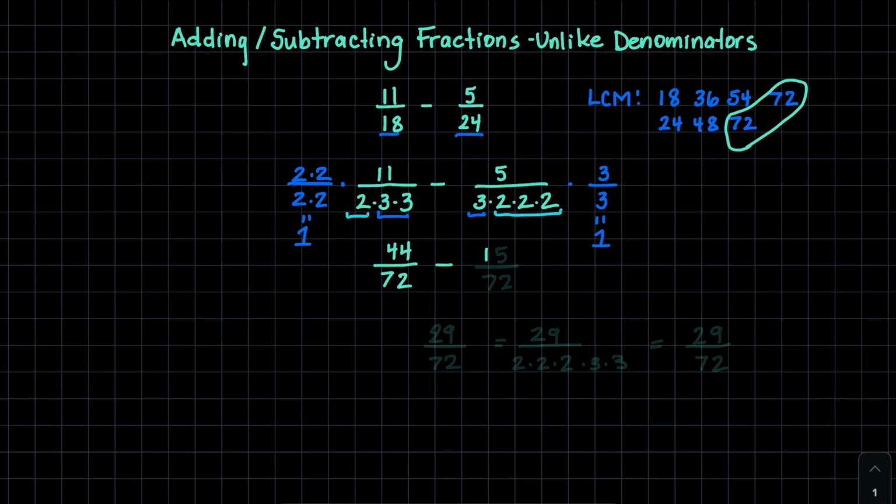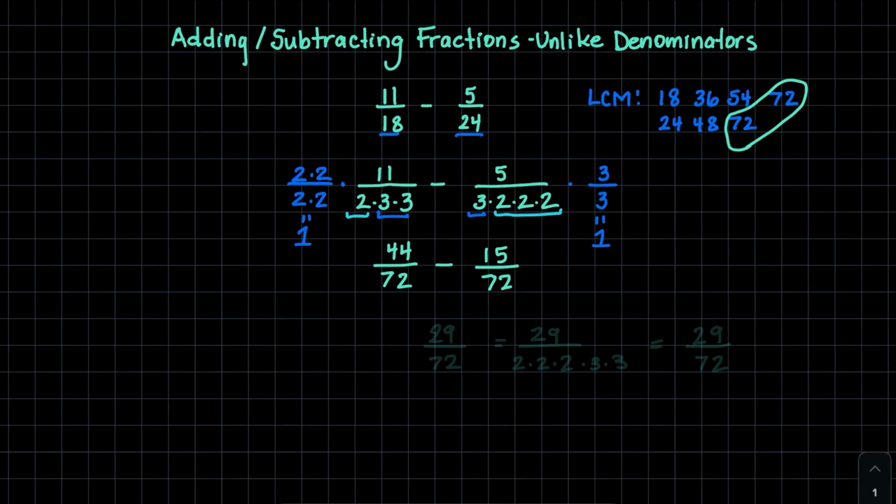And over here I have 15 over 72. So again, knowing how to make a prime factorization will save you a lot of time, and it carries over when you're trying to add and subtract rational expressions, being able to factor and see what each fraction needs to get to that common denominator.